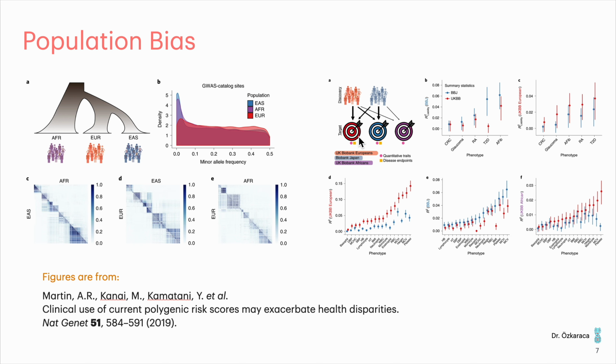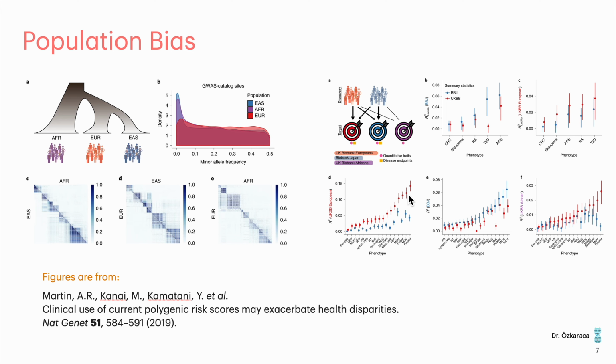And here in these five graphs, they show you the differences between the polygenic risk scores. So for example, if we focus on this plot D, these are the individuals' polygenic risk scores for European UK Biobank individuals.